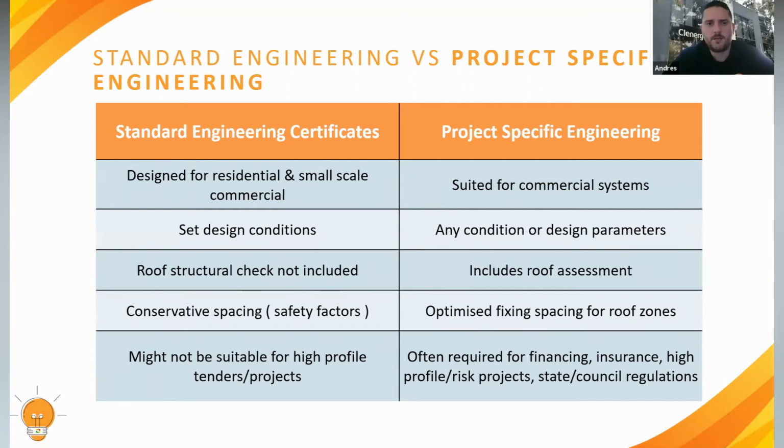With a project-specific certificate, it will enhance this spacing and reach the system's full efficiency. It is often required for tendering, regulations or high-profile projects, or sometimes by some councils. So it's good to keep in mind these two different types of engineering certificates.